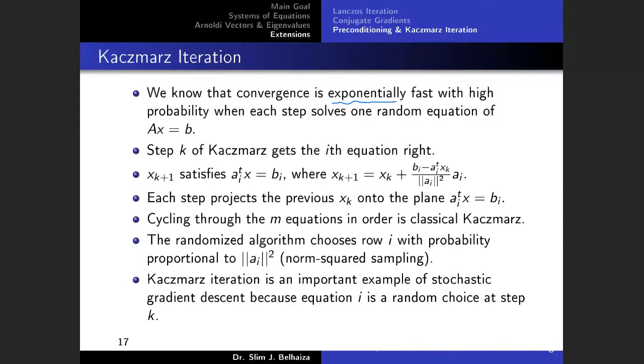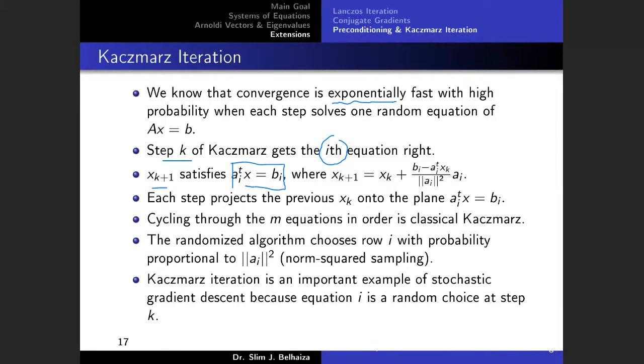So the idea is very simple. At every step k, this iteration dives into the ith equation. In fact, x k plus 1 would solve the equation a i transpose times x equals b i. So we just take one row of the system and try to solve it.